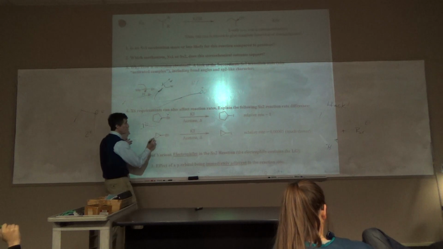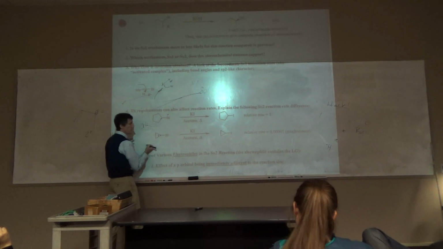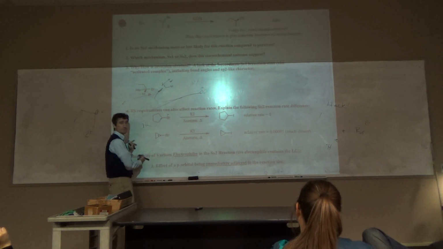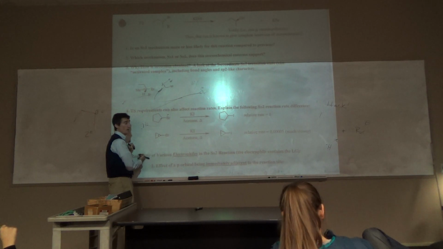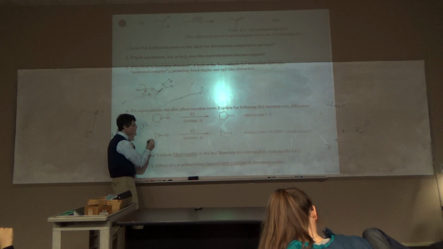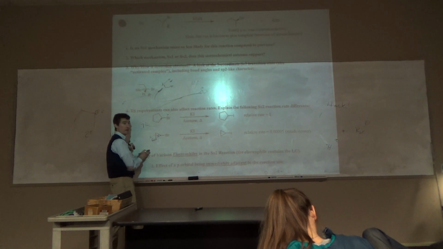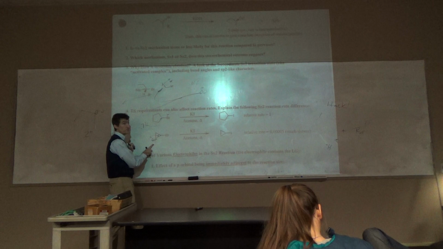We just said it. How easy is this going to achieve a 120-degree bond angle? Right now, from 8th grade geometry, that's 60 degrees, right? Pretty strained. How likely is this to become 120? Very difficult, right?